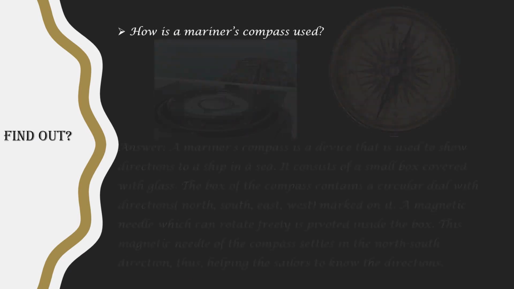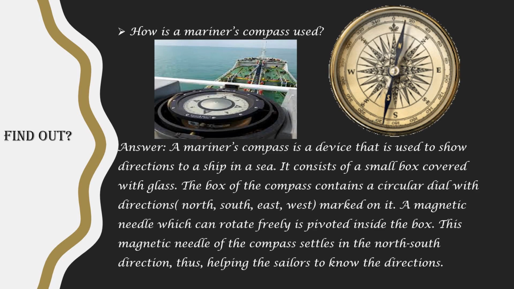Students, now find out how a mariner's compass is used. Yes, a mariner's compass is a device that is used to show directions to a ship at sea. It consists of a small box covered with glass.